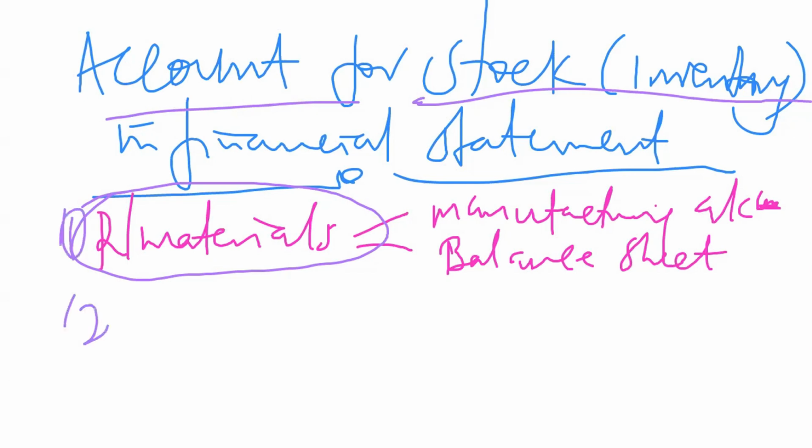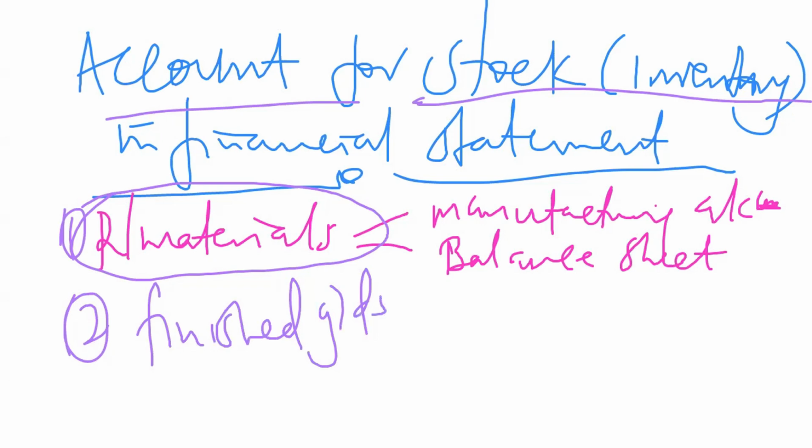The second one, we have the finished goods. So we know finished goods are not going to go into the manufacturing account because they are already manufactured, unless you are remanufacturing them. So these are not going to go in the manufacturing account. Where are they going to be found? In the income statement.